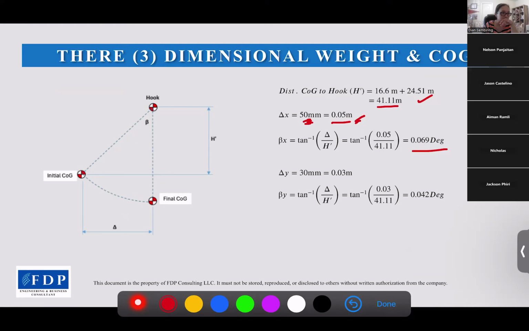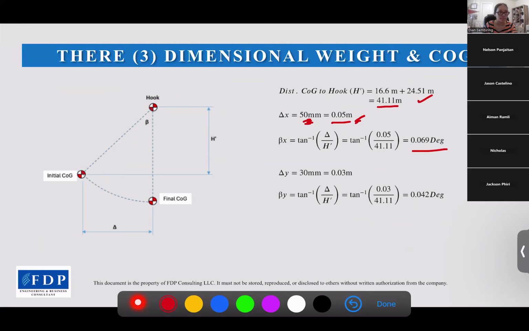Is there any question for this calculation to find the impact of the z direction of the COG on our lifting arrangement? This methodology can also be used to find the COG if we are doing weighing using the lifting method.